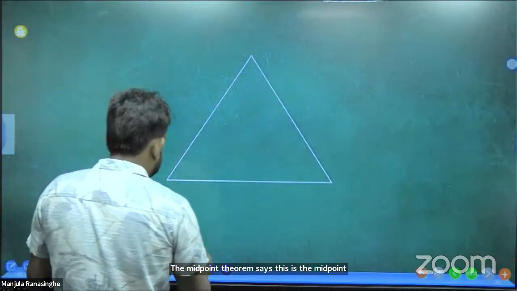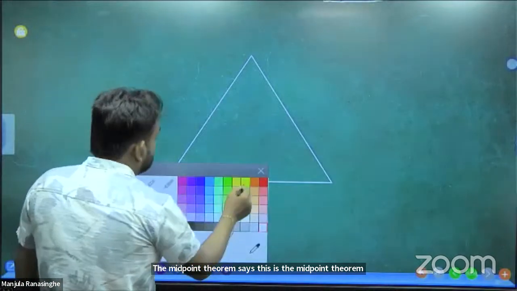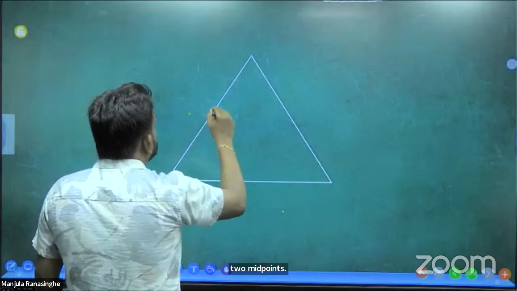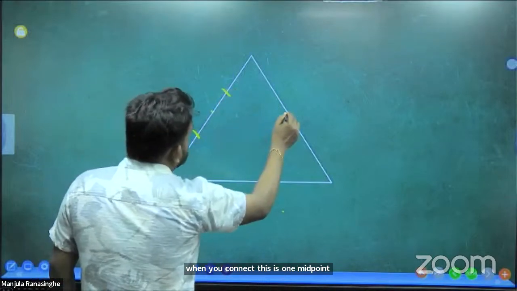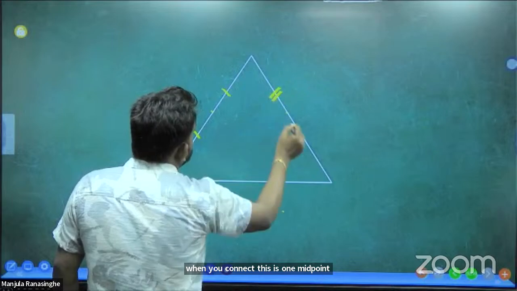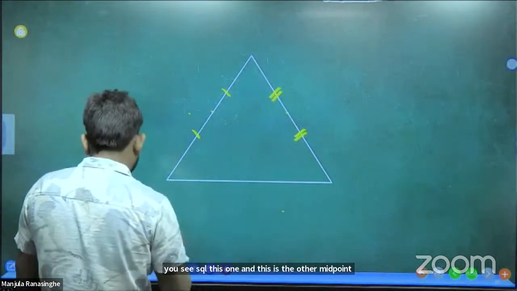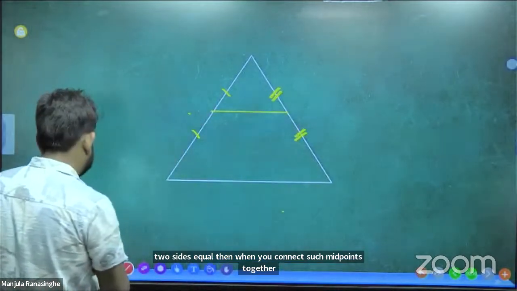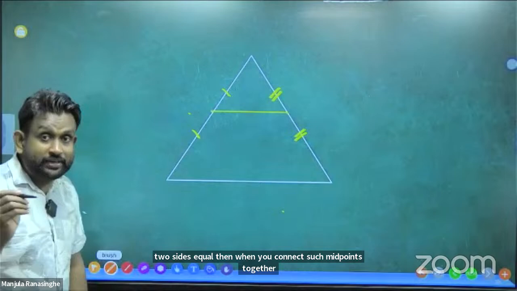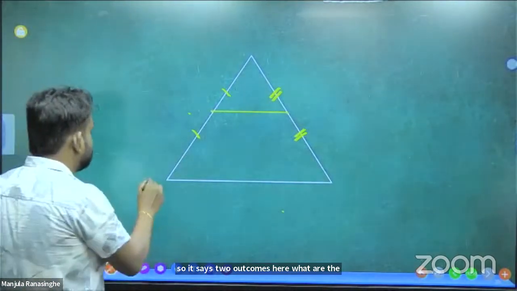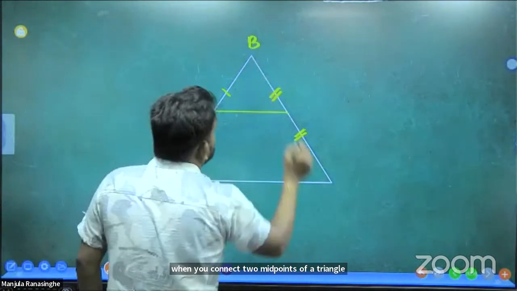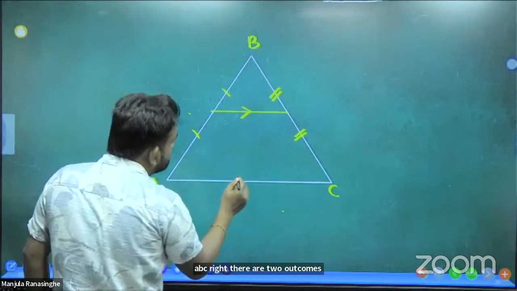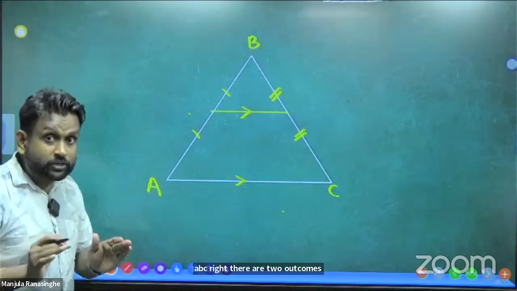When you connect two midpoints, this is one midpoint and this is the other midpoint, and these two sides are equal. It gives two outcomes when you connect two midpoints of triangle ABC. The first outcome is that the connecting line is parallel to the third side.